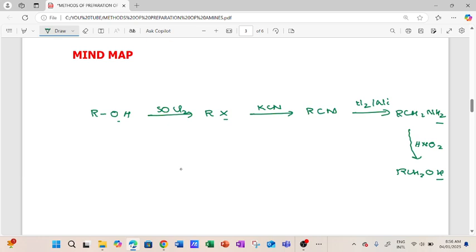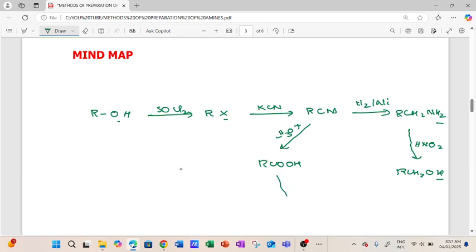Now we take again this RCN. By acid hydrolysis, we get RCOOH, carboxylic acid. This reaction is covered in the aldehydes, ketones, and carboxylic acids lesson.